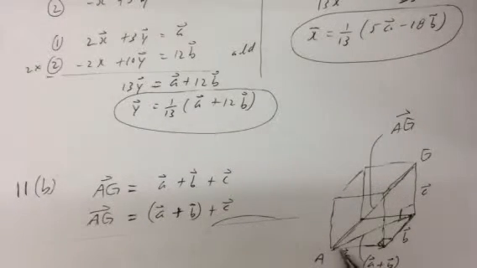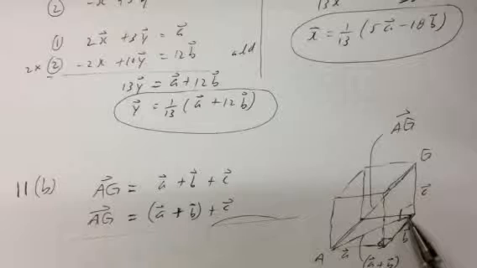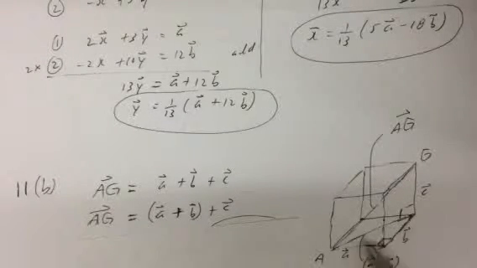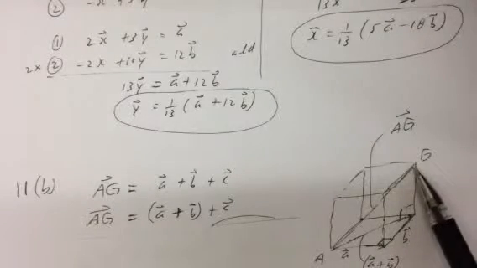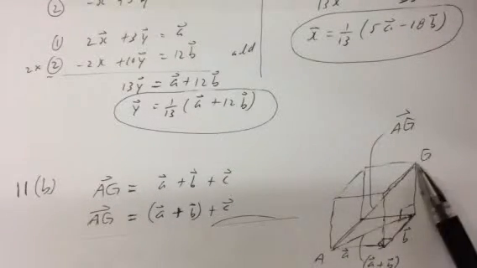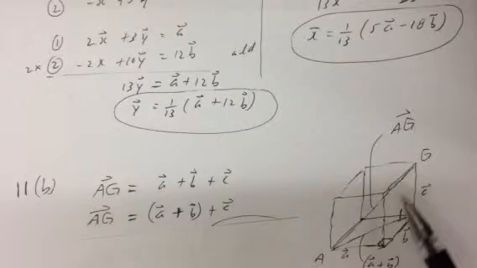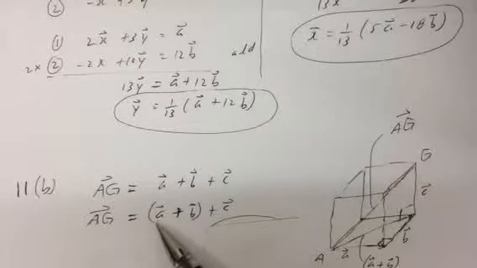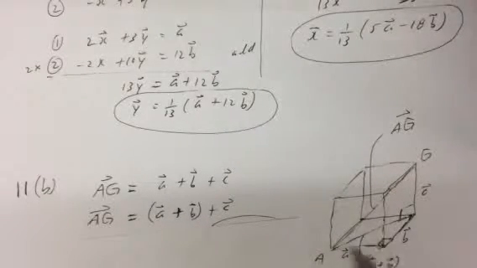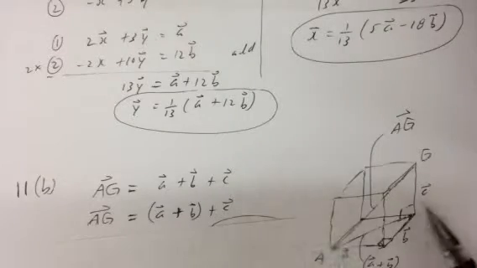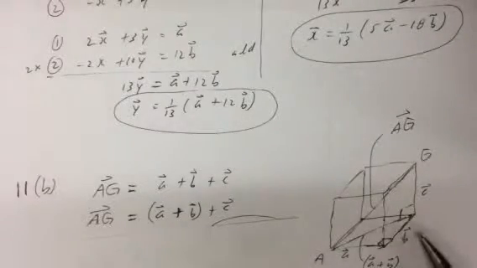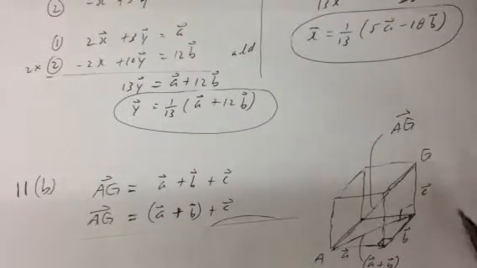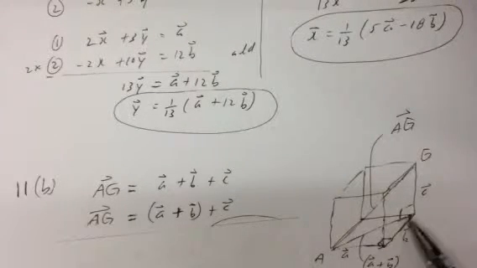Okay, so if I can find the length of AB and then use Pythagorean theorem with that length and vector c, I can find the length of AG, because AG is the hypotenuse of the triangle with AB as one edge, and vector c as the other. Okay, and in order to do that, well, I need to find the length of AB.